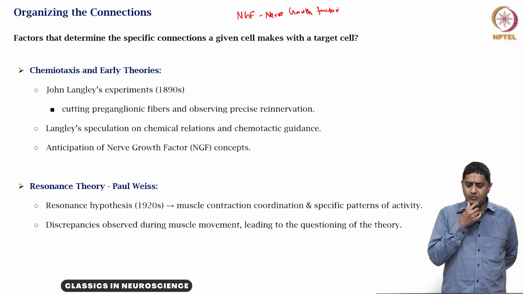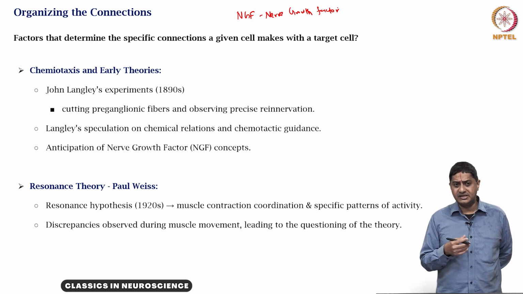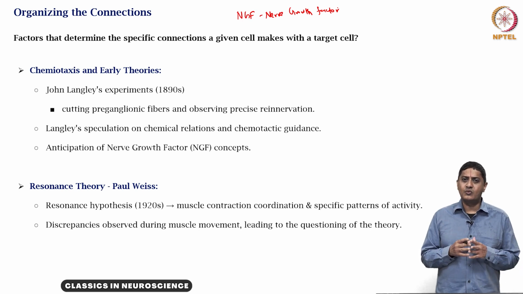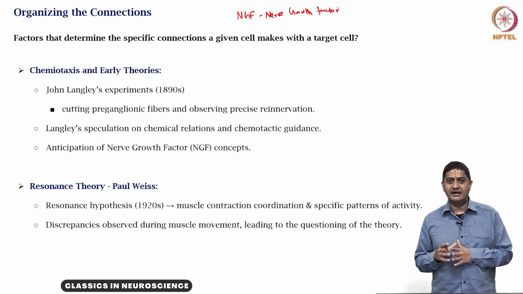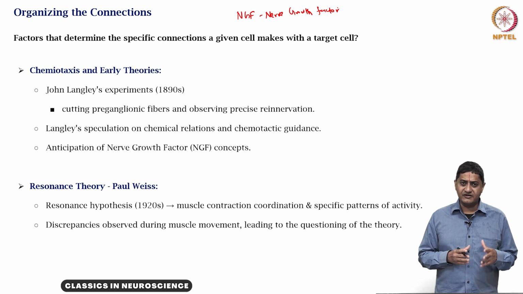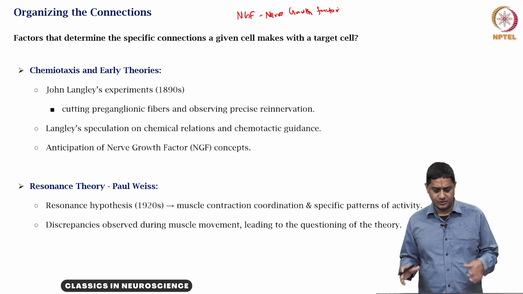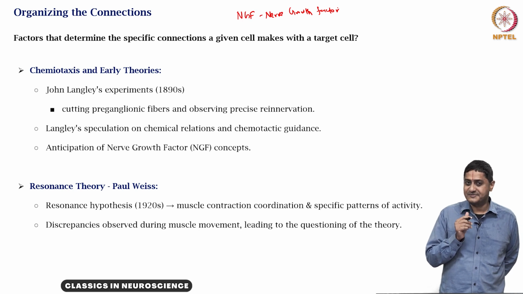A question is, what are the factors that govern or determine the specific connections that one neuron makes with a target cell, with another neuron? What are the factors that control what kind of connections are made by a given neuron with the target neuron? Because this is not controlled by NGF, perhaps, is it not?